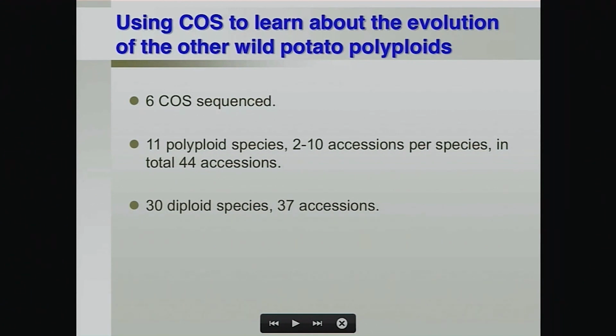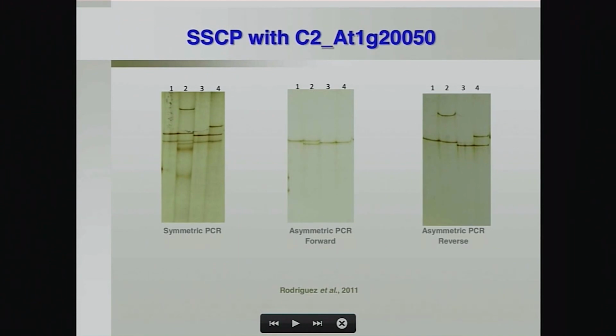Then we applied the 6 COS in 44 polyploid accessions and in 37 diploid accessions to confirm the allopolyploid origins or autopolyploid origins of some of the species. But I told you that what happened when we were sequencing polyploid accessions? We needed to clone.